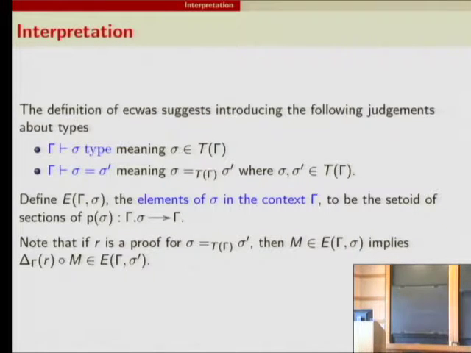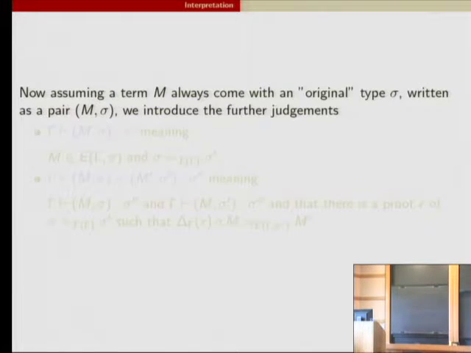So if you have a proof that these types are equal, then an object here is transported into this one by composition with a type coercion. Right. And the slightly awkward part here is how we interpret the membership judgment.